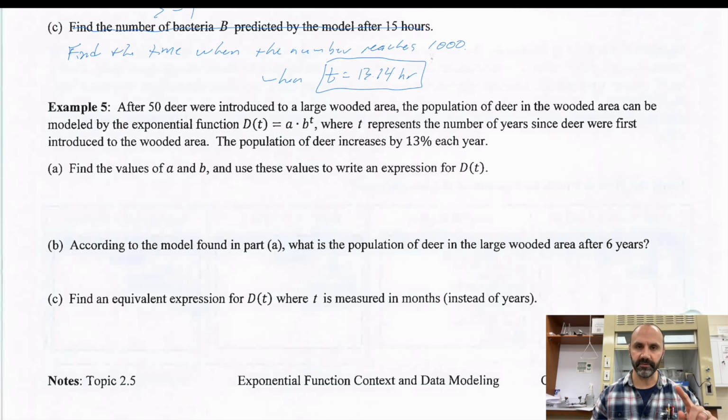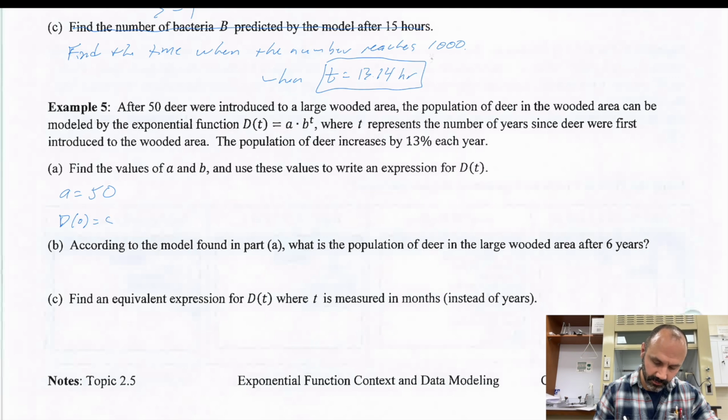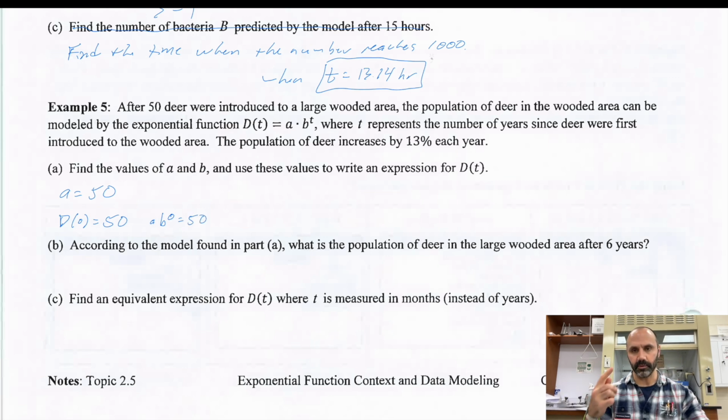Well, we know that 50 deer were introduced, and so a is the initial value. a has to equal 50. You can think of it this way: D of 0 has to be equal to 50. That means a times b to the 0 equals 50. Well, b to the 0 is 1, so a has to be 50.